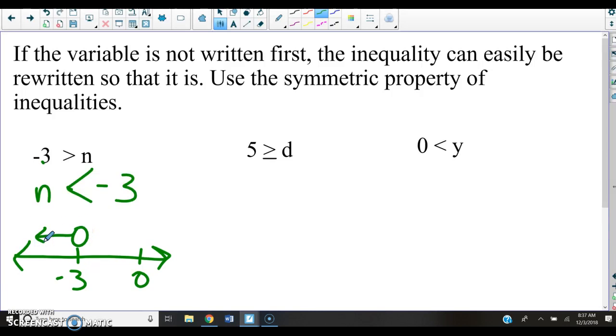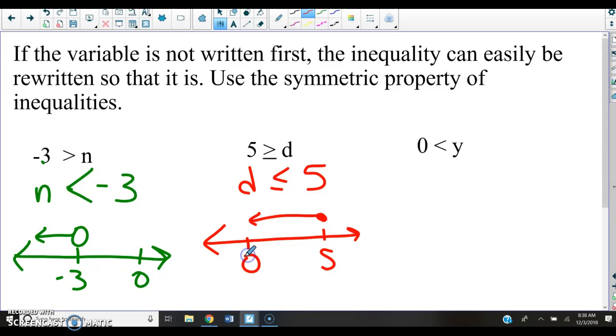It's pointing at the n, not the -3. On the middle one, I would rewrite this as d is less than or equal to 5. It's still pointing at the d. So now when I go to the 5, less than is left of. And 0 is less than y means y is greater than 0. It's still pointing at the 0.